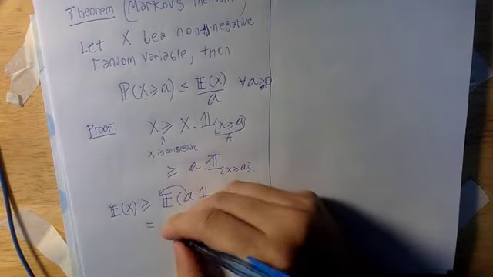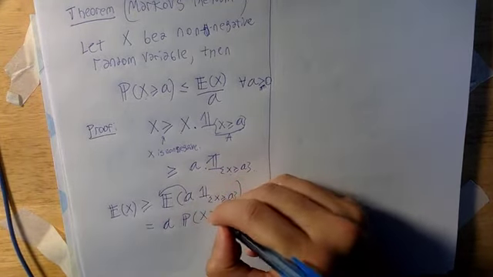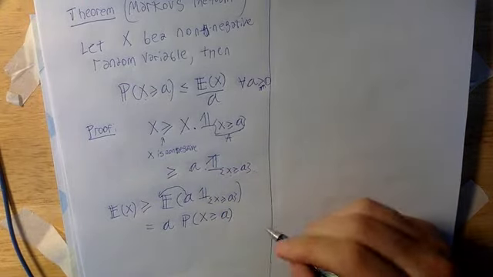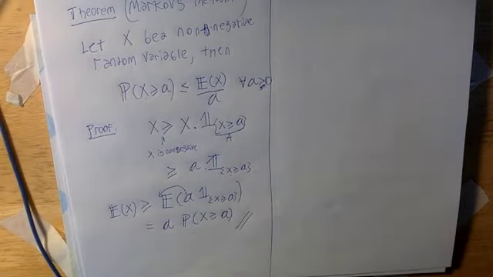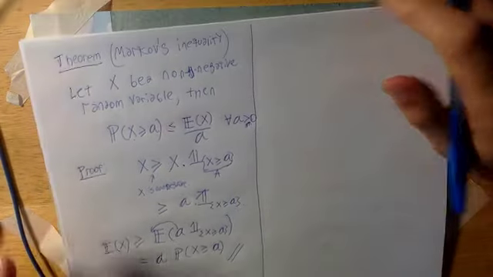So this is equal to A times the probability that x is bigger or equal than A. Okay, so let's look at an example.